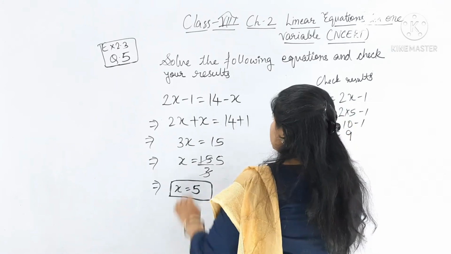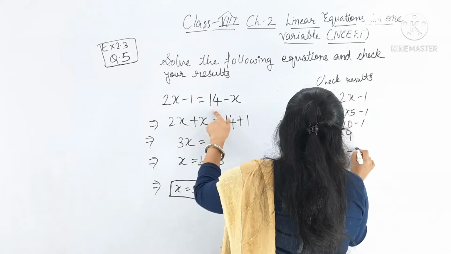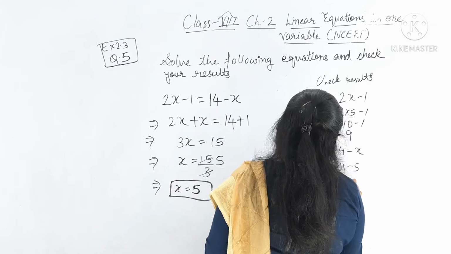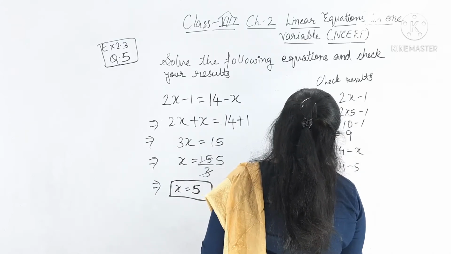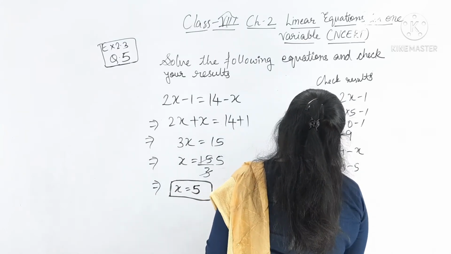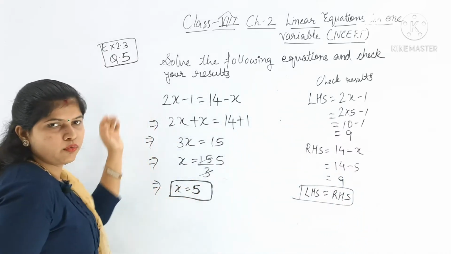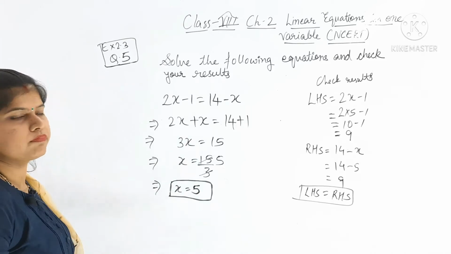RHS, what is RHS here? 14 minus x. 14 minus 5 is also 9. So LHS equal to RHS I am getting. So this value is correct for this equation. That is the answer.